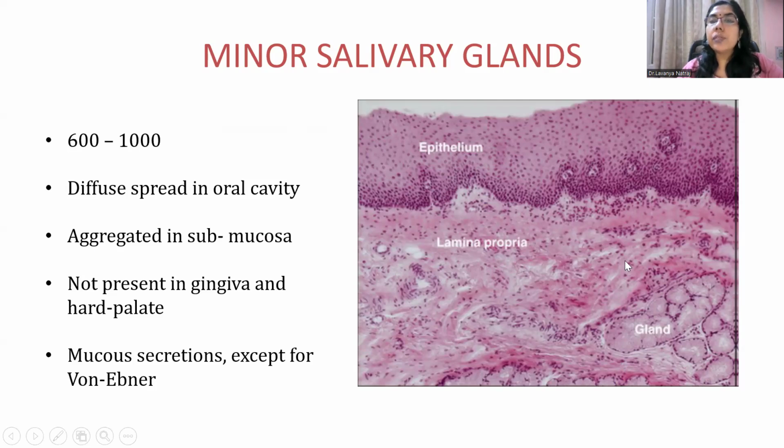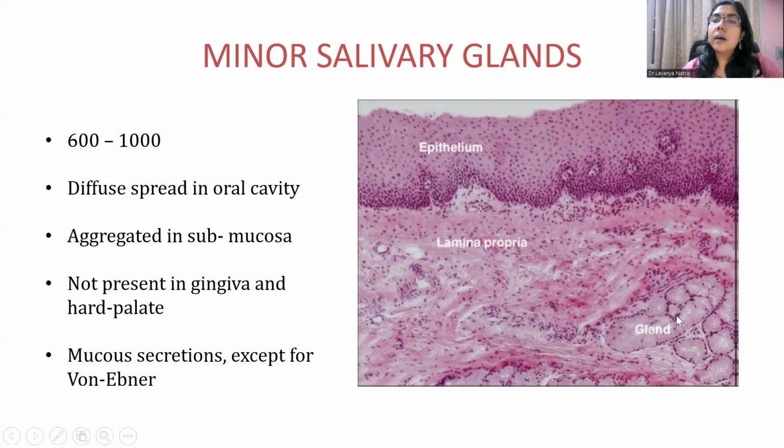Inside the connective tissue, this area is called the submucosa, just adjacent to the mucosa. We have the small glands called minor salivary glands. Except for the gingiva and hard palate, there will be glands throughout the oral cavity. They won't be seen in the gingiva and hard palate.